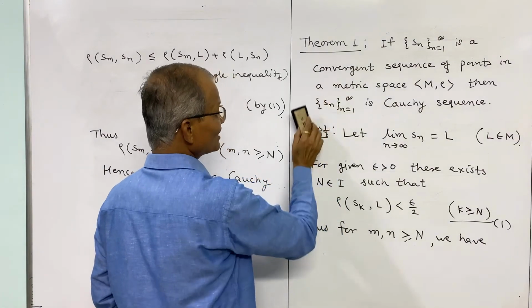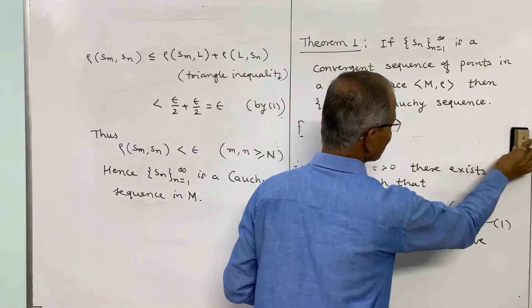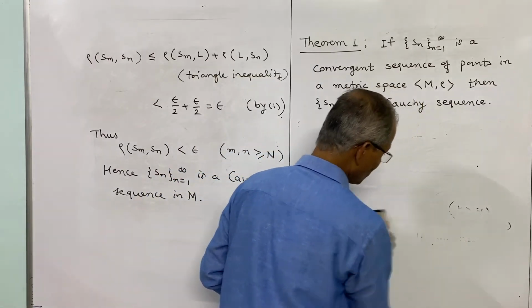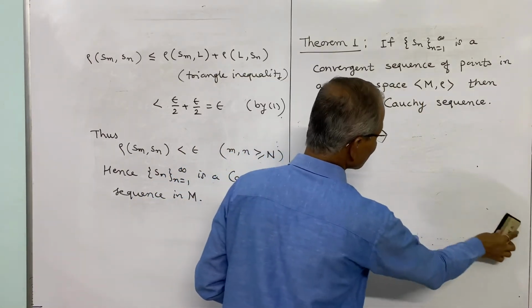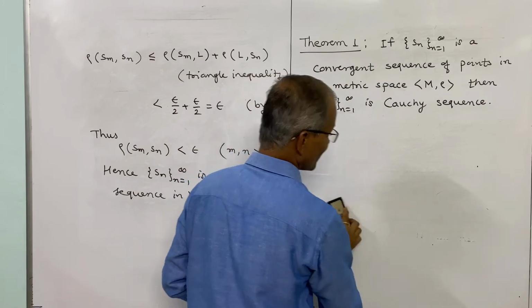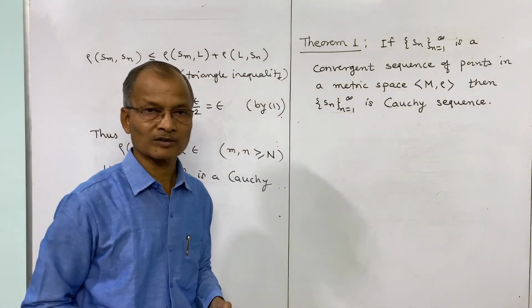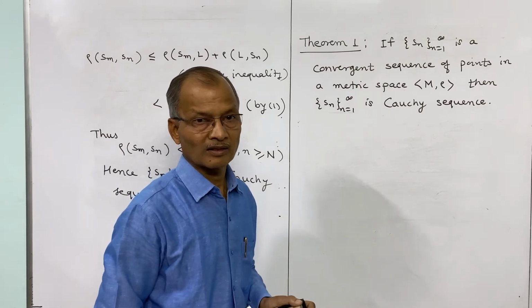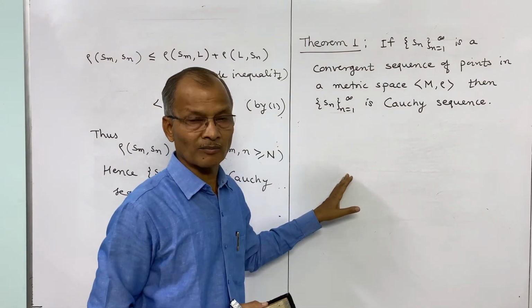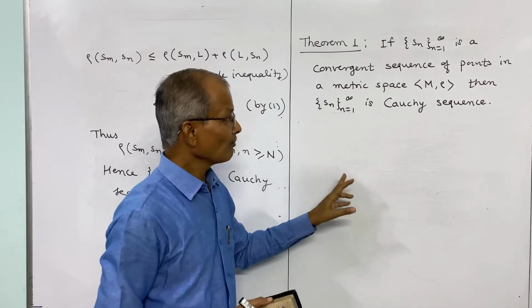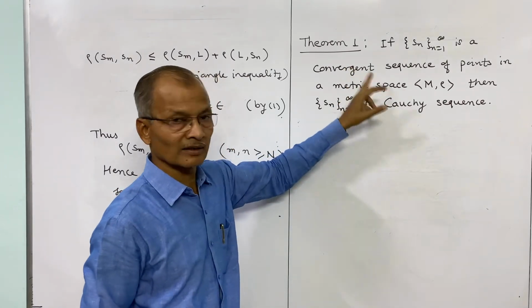In the chapter on sequences earlier, for sequences of real numbers, we have proved this result. Convergent sequence is Cauchy, and there we have proved a Cauchy sequence of real numbers is also a convergent sequence. For sequences in the real numbers space, both convergent and Cauchy are the same.